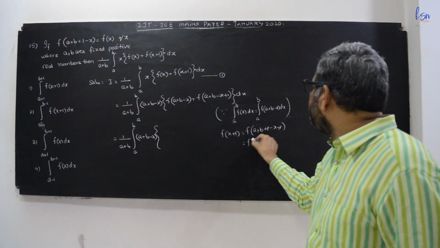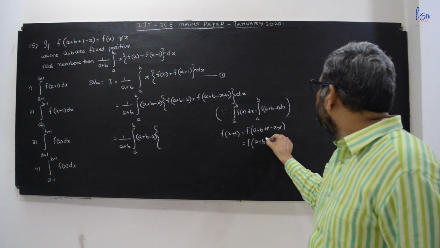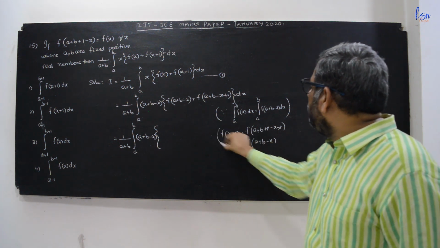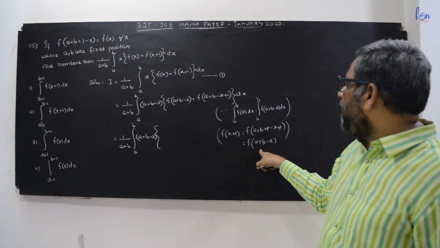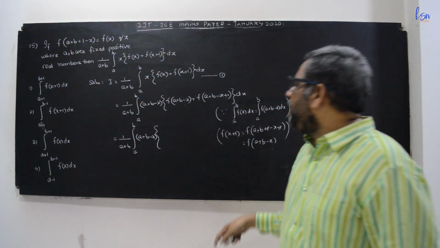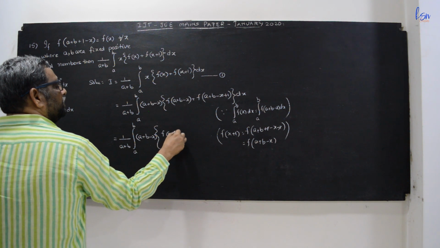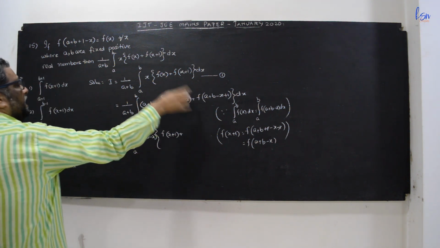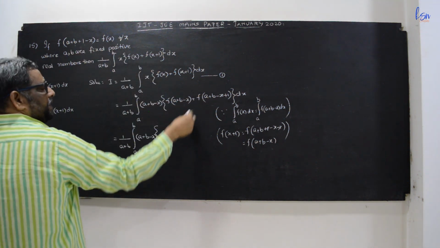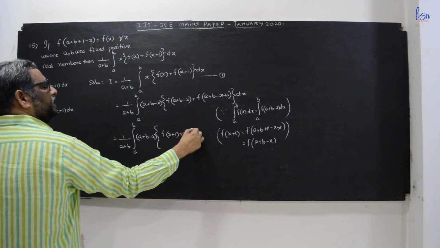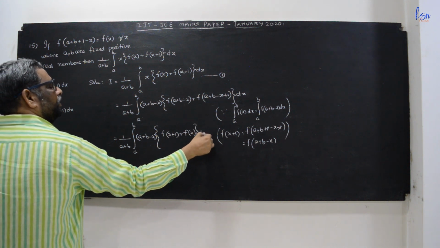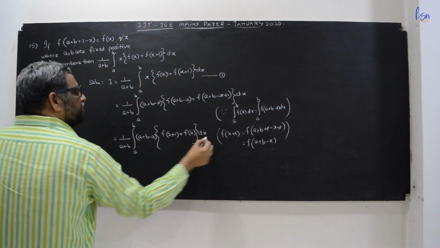This will be f of (a plus b minus x). So here we can write f of (a plus b minus x) as f of (x plus 1). So you can write this as f of (x plus 1) plus, by the given condition, f of x dx. You can call this the second equation.